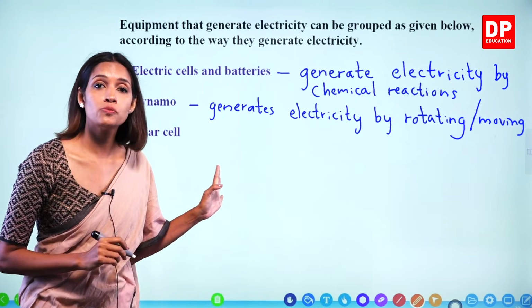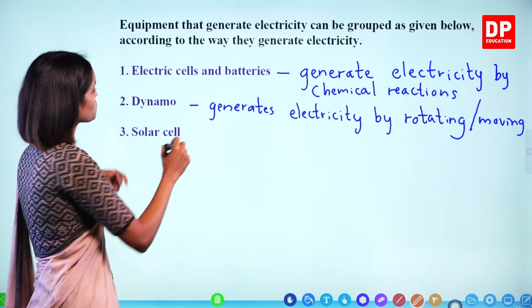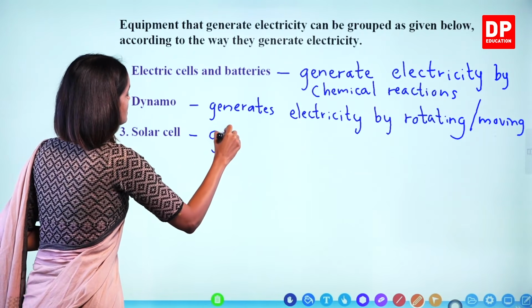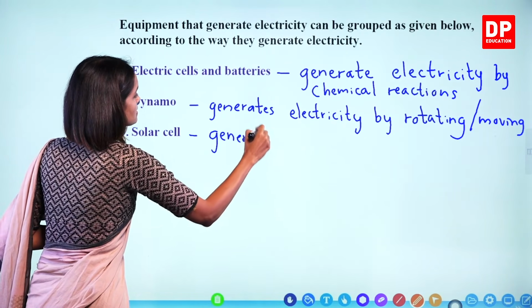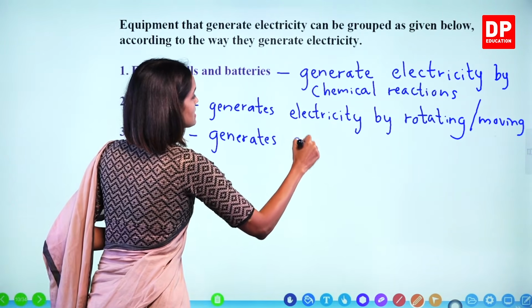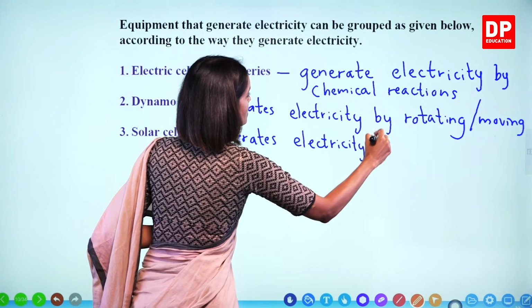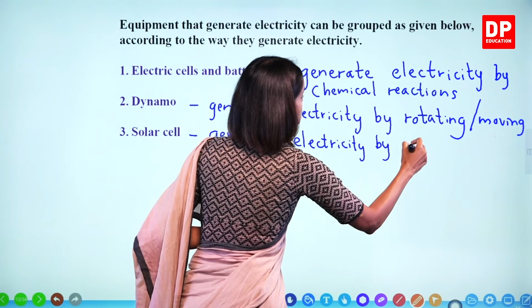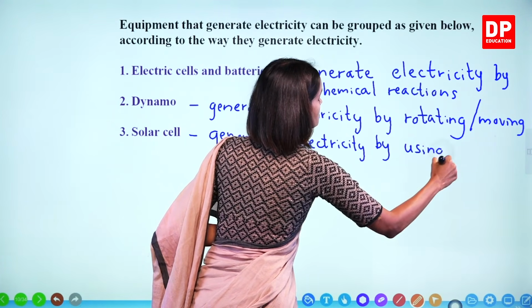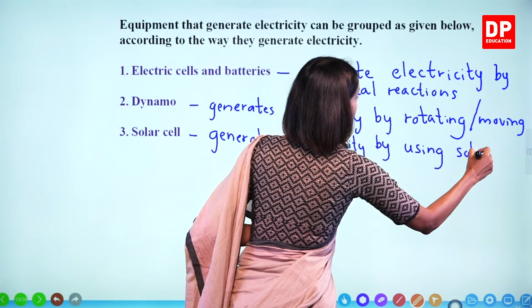And the third group is solar cells. Solar cells generate electricity by using solar energy.